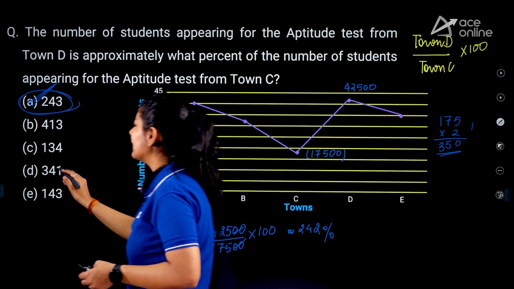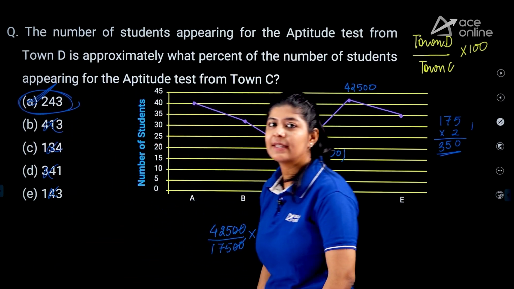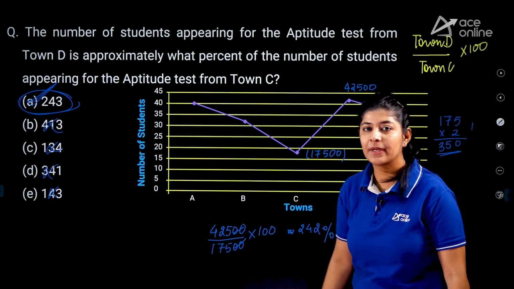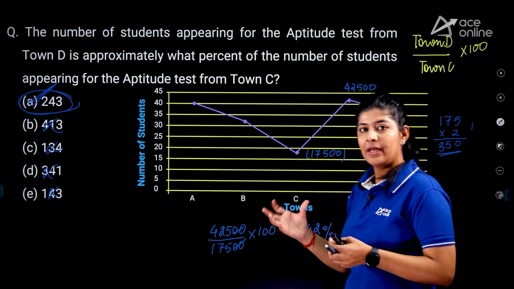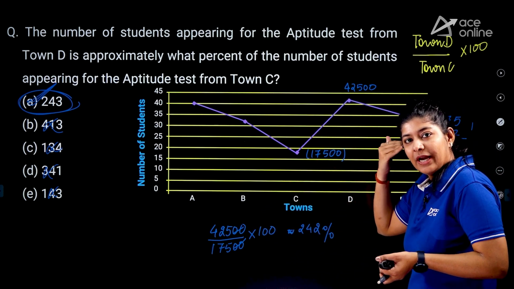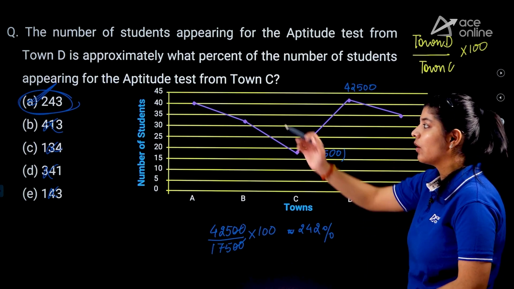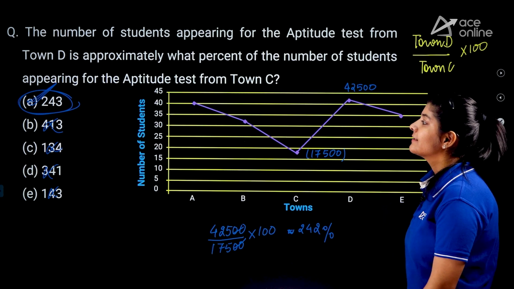So we can easily eliminate this value, this value, this value and this value. The only possible answer is option number A, because this is almost more than that. So it is around a multiple of 200 something, but more than 200, not less than 200. So the only option that I am having is option number A only, right? Next.